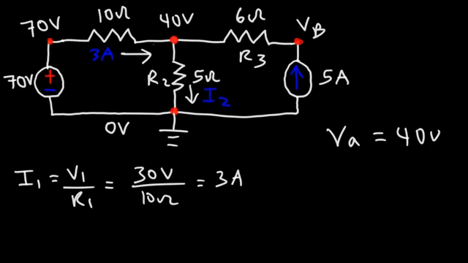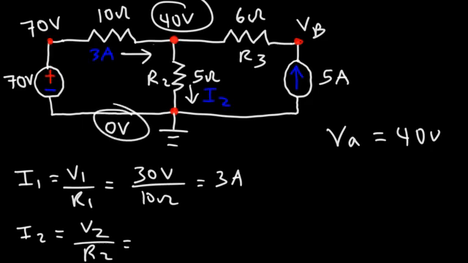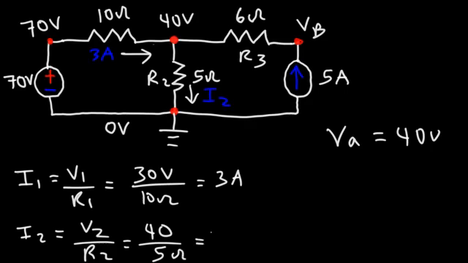Now let's calculate I2. So I2 is going to be the voltage across resistor 2 divided by R2. So that voltage is 40 minus 0, which is 40, divided by R2, which is 5 ohms. 40 divided by 5 is 8 amps.